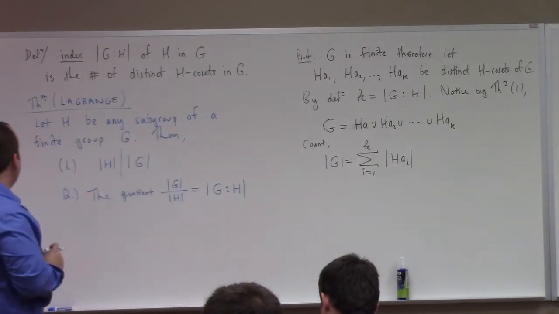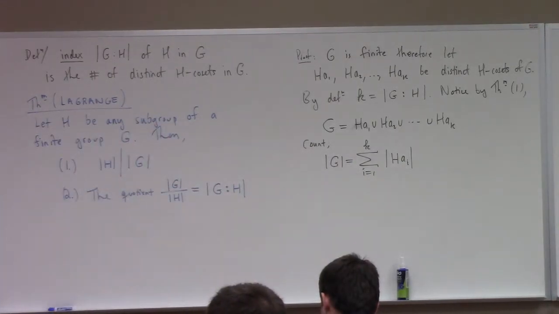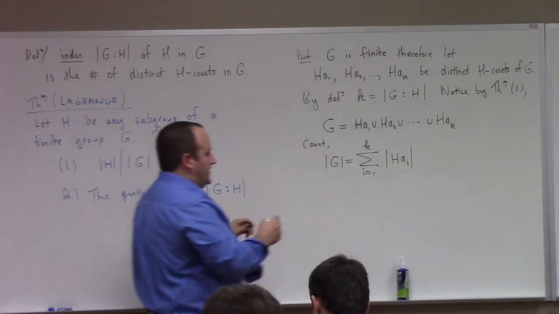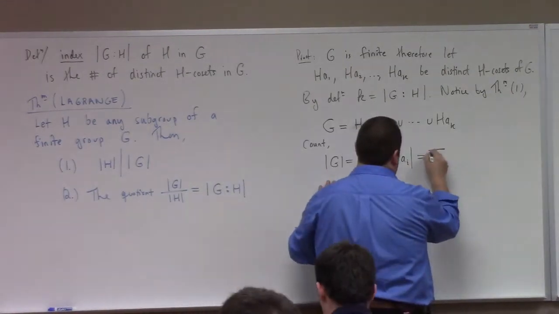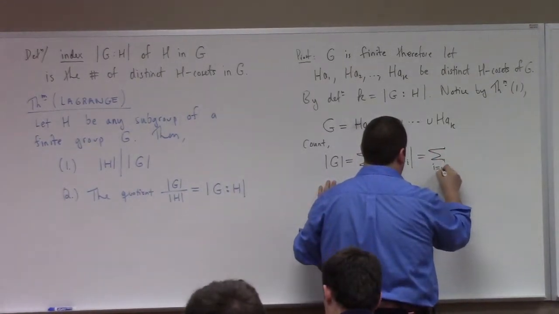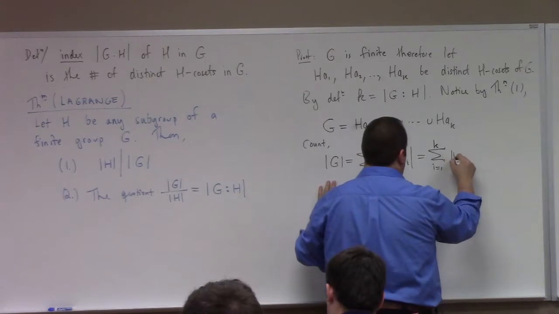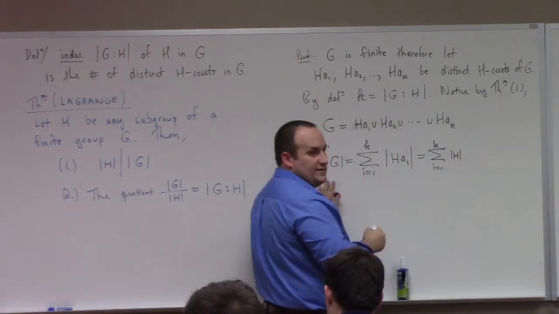But what did the lemma say? It said that the order of every right coset is the same as the order of H. So I can simplify this sum. That's just the sum, i equals 1 to k, of the order of H, which is a silly finite sum.